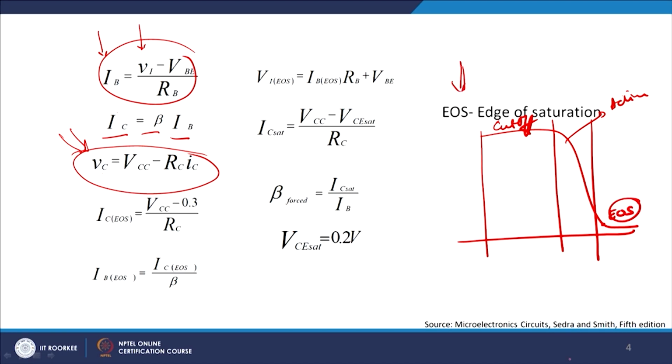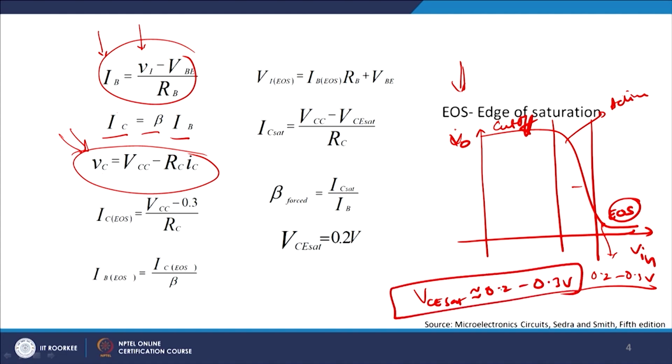This is your input and this is your output. So, this was the active region, and this is the edge of saturation. I get this to be approximately 0.2 to 0.3 volts. So, VCE SAT is approximately equal to 0.2 to 0.3 volts, fine.